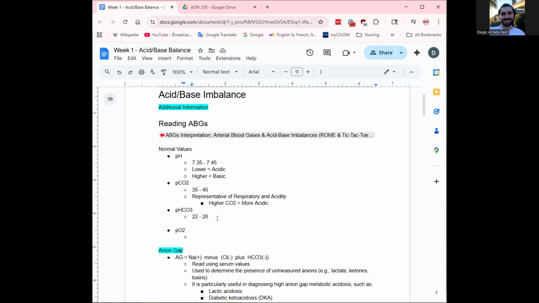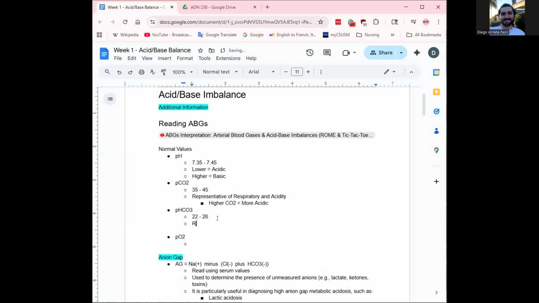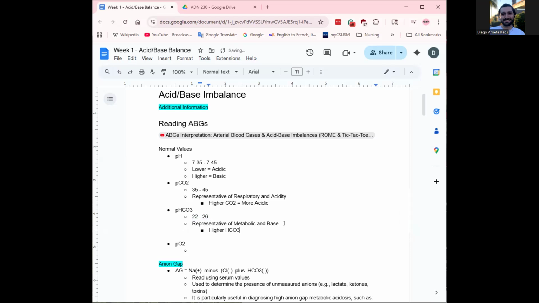I've seen 22 to 28 on some, but I think 22 to 26 is what they'll be going for in this class. This value is representative of metabolic and base. A higher number of bicarb is considered basic, and a lower number of bicarb is considered acidic.